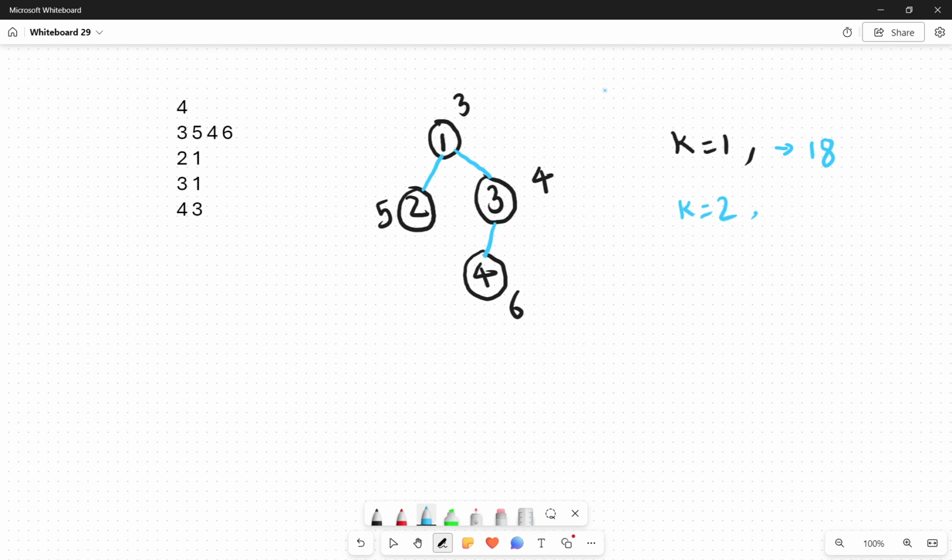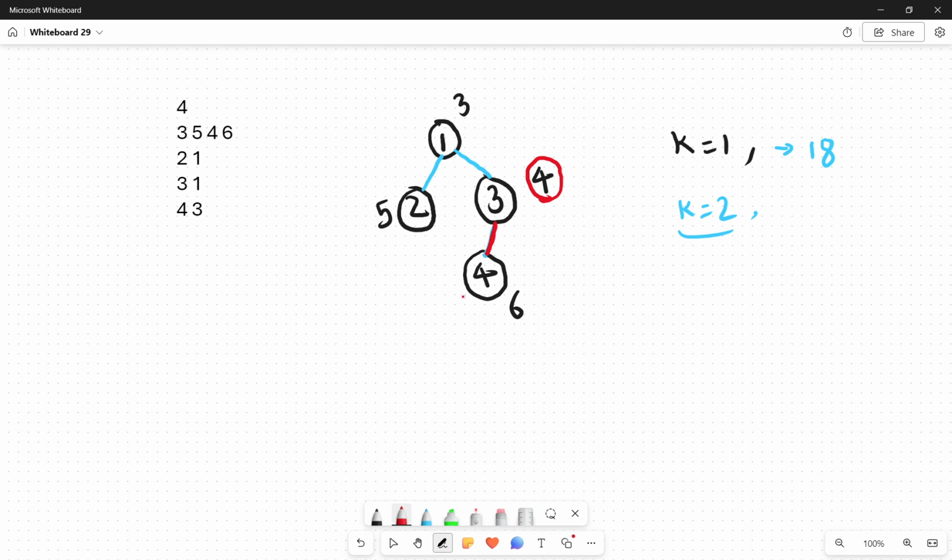So for calculating the answer for k is equal to 2, suppose we have red color at our disposal, red and blue. So your instinct would be like, hey, listen, if I draw a red edge here instead of a blue edge, my score will increase by 4, right?